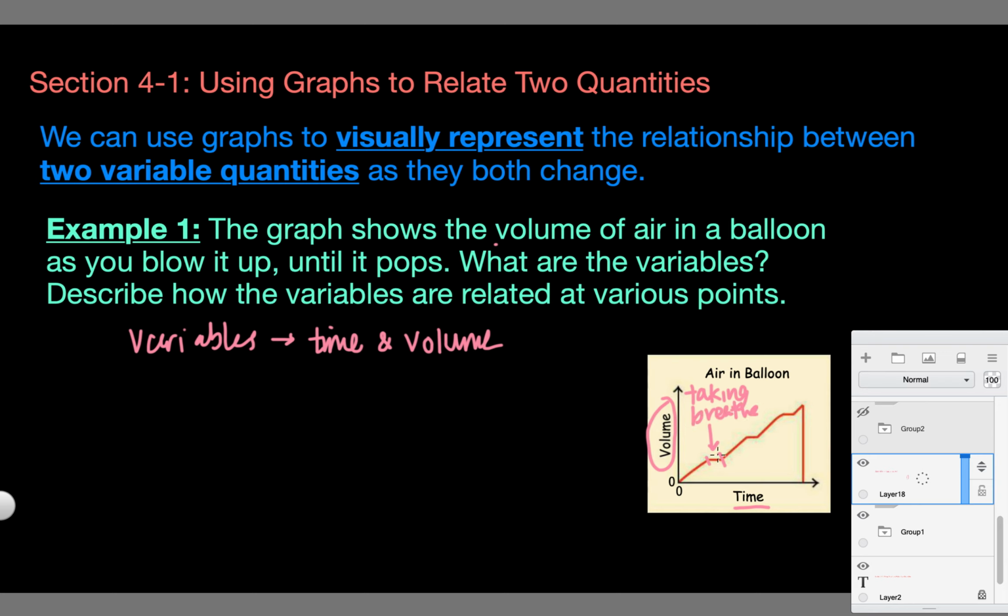Okay, so they stop blowing it up, but the balloon is not losing any volume of air. And then again, it increases in volume, stops for a little bit, increases in volume, stops for a little bit, increases in volume, and then we can see it pops, and instantly all of the air comes out. So as you can tell, right here is the point where the balloon pops.